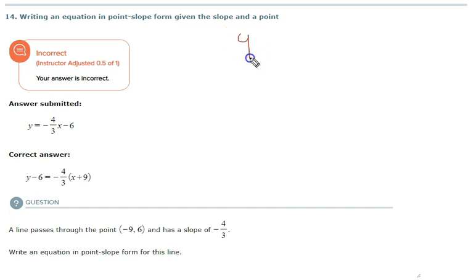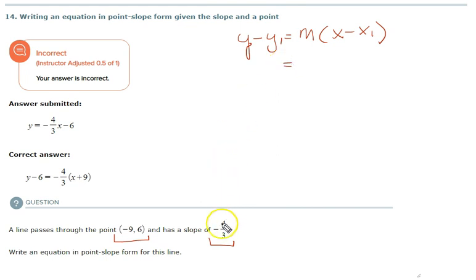Now, point-slope form is y minus y sub 1 equals m times x minus x sub 1. Now, they want you to take this point and this slope and put it in this formula. That's all they're asking. Write an equation in point-slope form given the slope and the point.